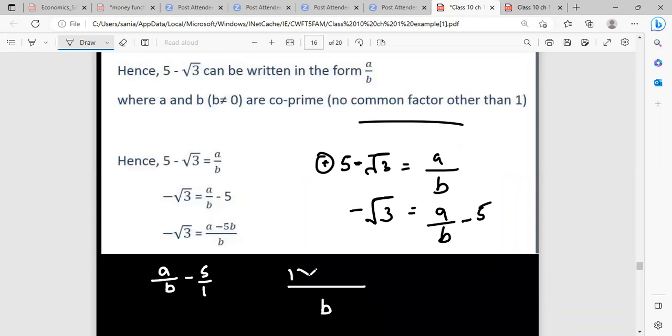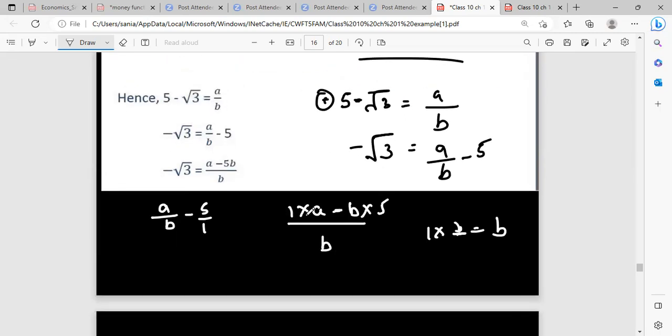Okay, so 1 multiplied by whatever is written here, A. Then for the second term, B times 1 gives B, so you will multiply B by whatever is the numerator, 5. So over here it is 1 multiplied by A is A, minus 5B, divided by B. You got this?